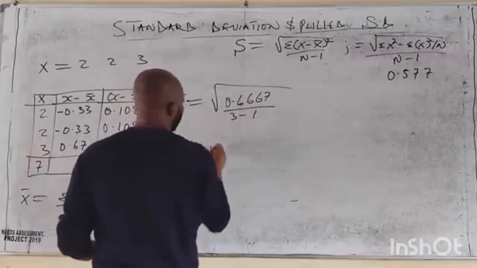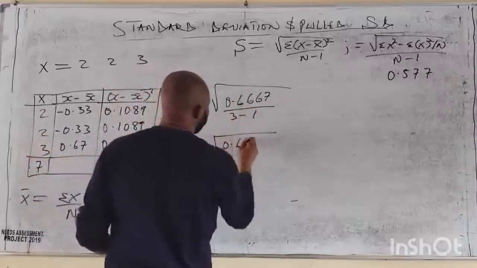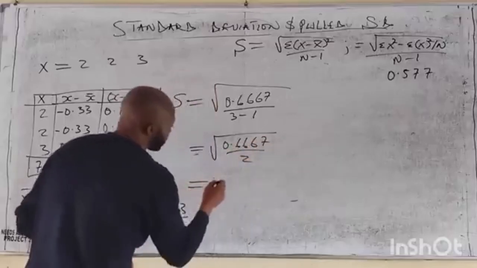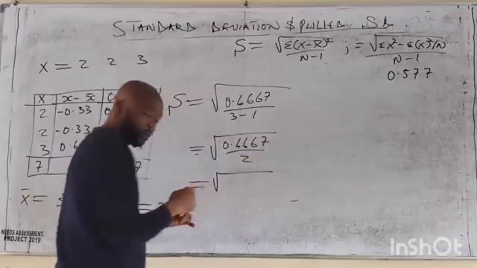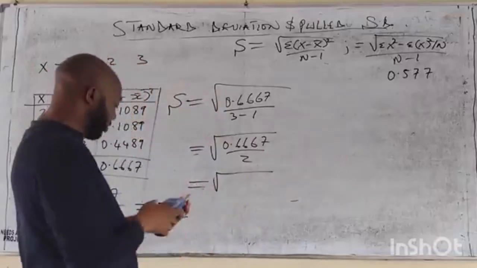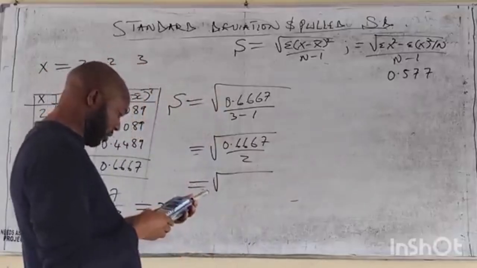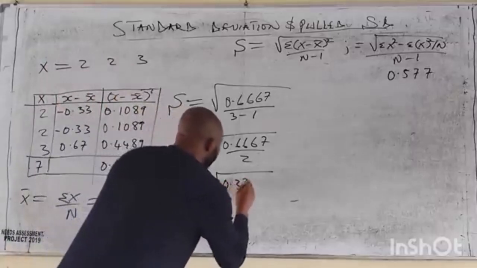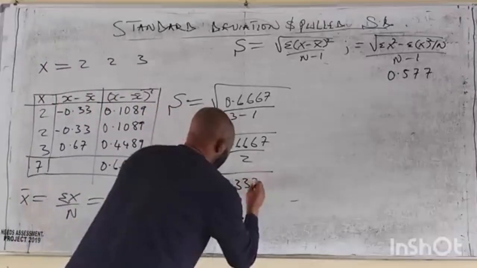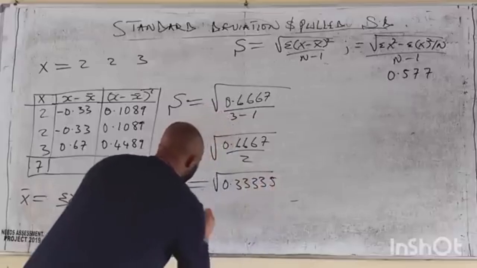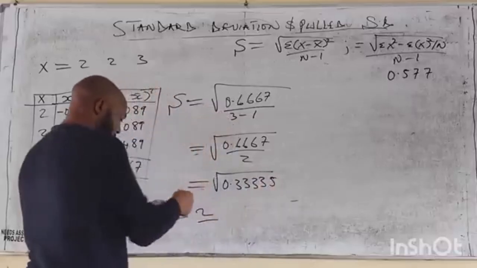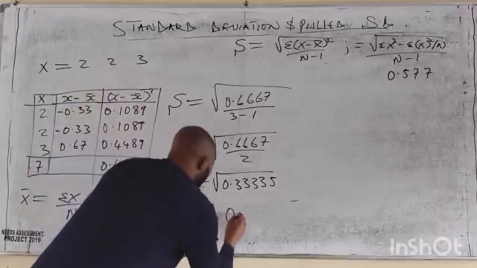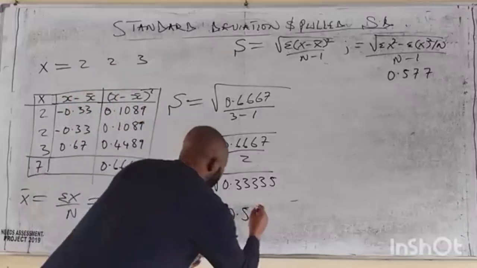So this is equal to 0.6667 over 2, which is 0.33335, and the standard deviation now becomes 0.577.